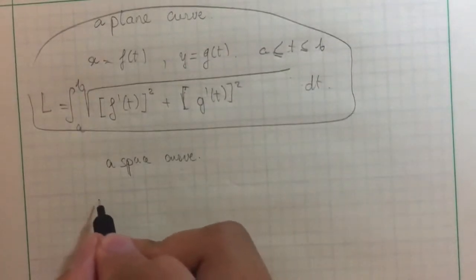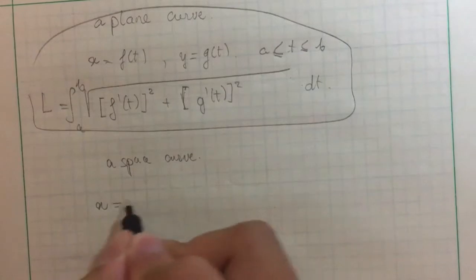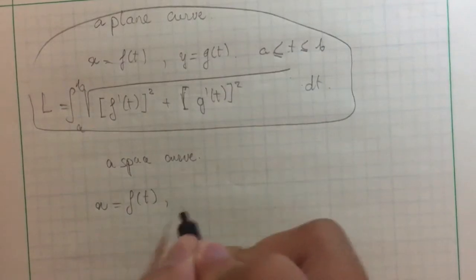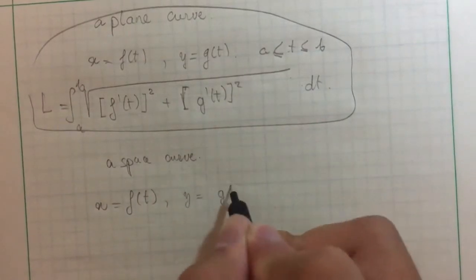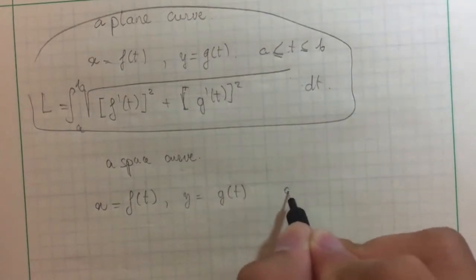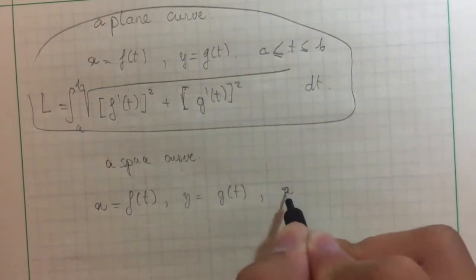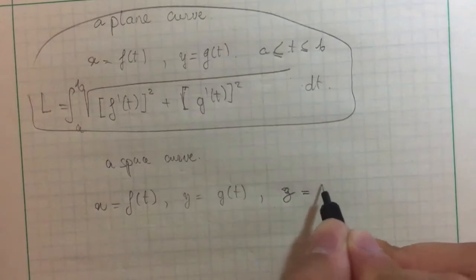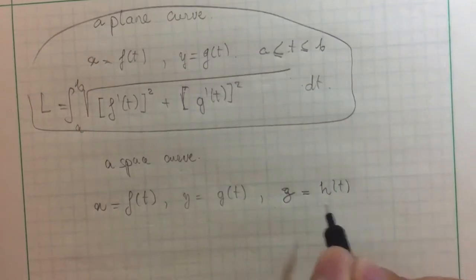Using the same concept, we have a space curve: x equal f of t, y equal g of t, z equal h of t, from a to b.